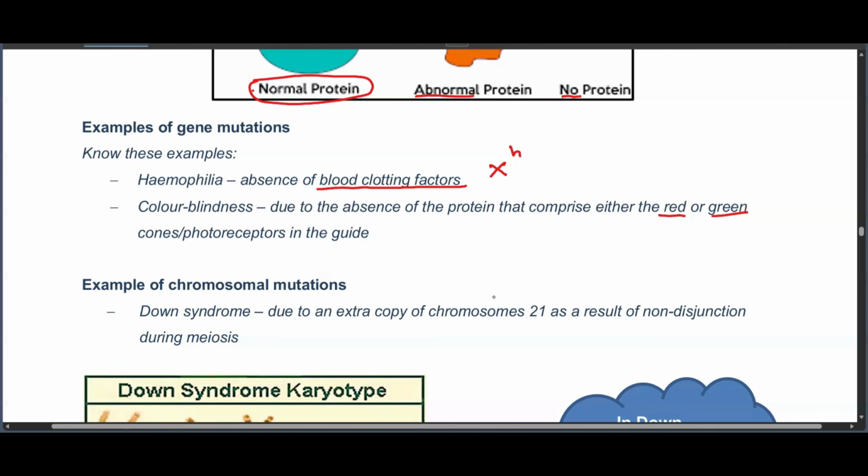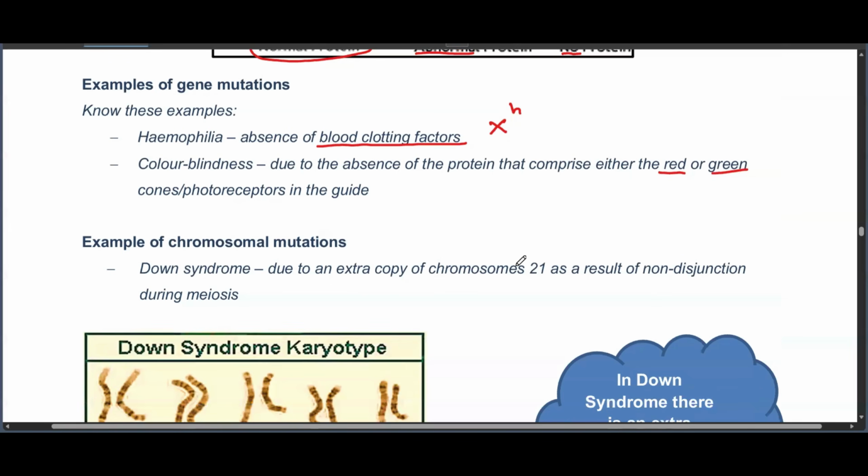But if you do not have those, or if a gene mutation happens and you end up not having those receptors, then you become colorblind. You cannot differentiate between red and blue. You cannot differentiate between different colors. So these are examples of conditions that are caused by gene mutations.